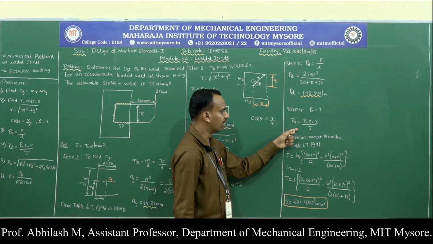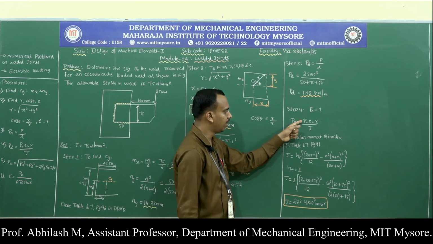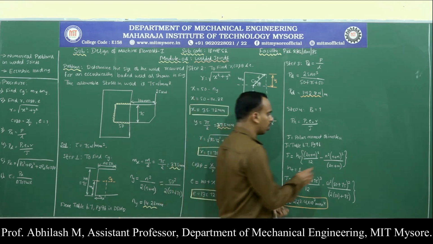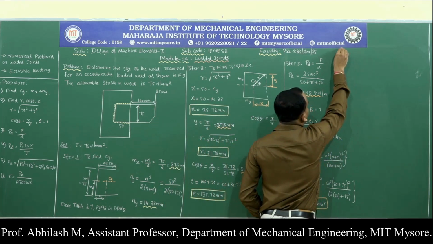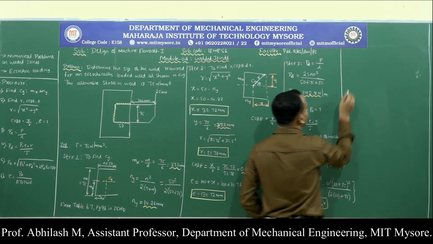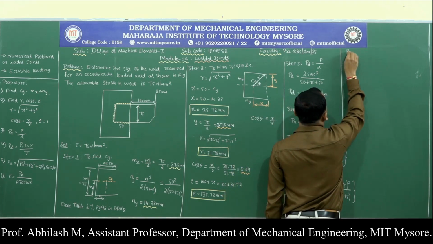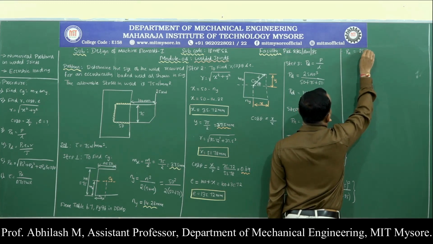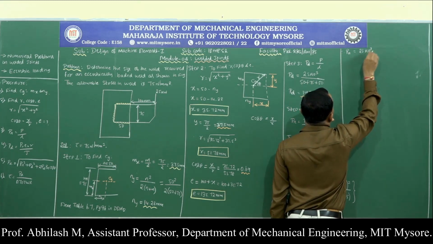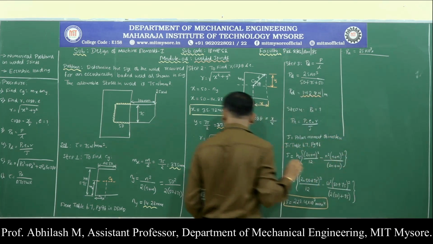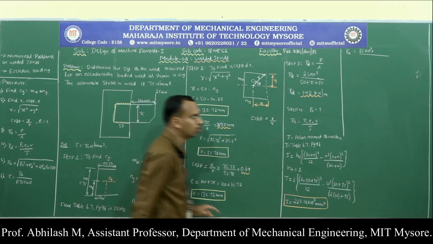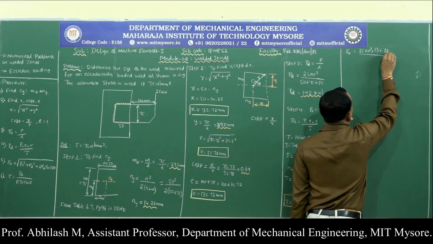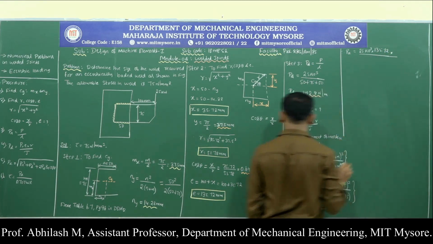So once I got the value of J, now I can calculate the value of Pn, because I know P, I know E, I know R, and I know the J now. So substitute all the values and then calculate the value of Pn. Therefore Pn is equal to the applied load, 25 into 10 to the power of 3, into the eccentricity value 135.72 millimeter, into the radius.